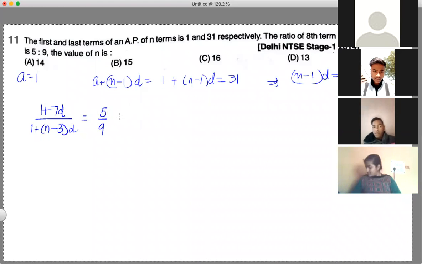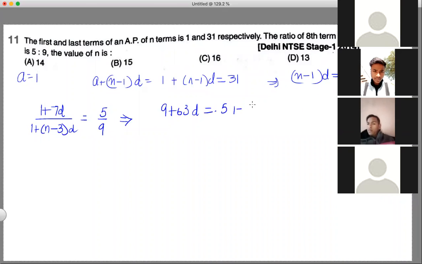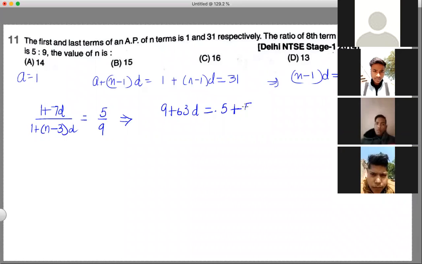Okay, so we should just expand: 9 plus 63d is equal to 5 into n minus 3d.